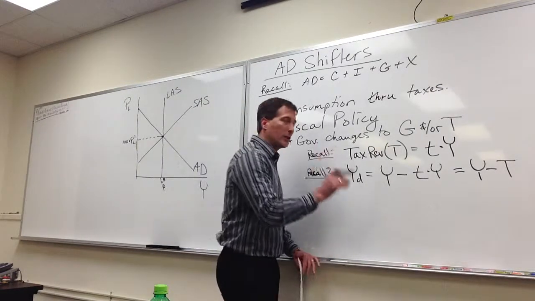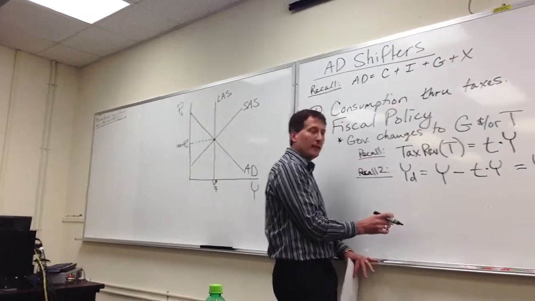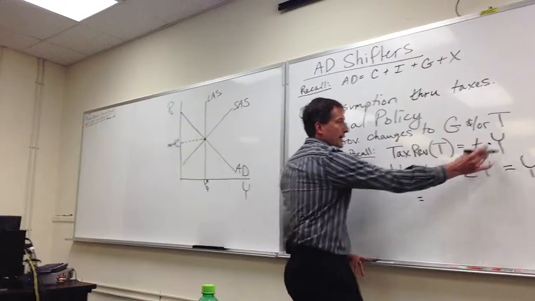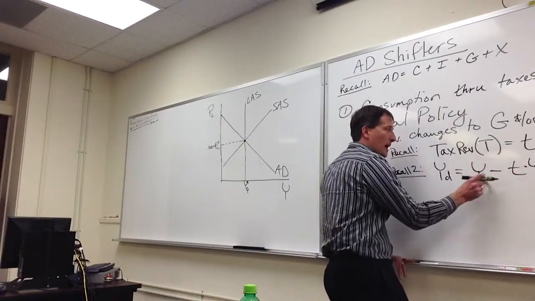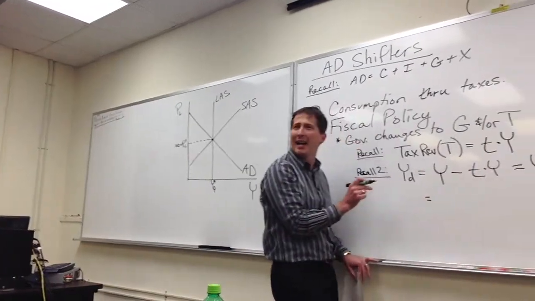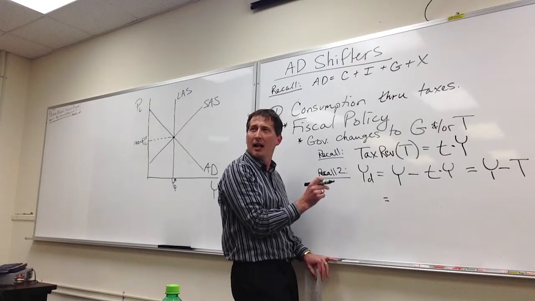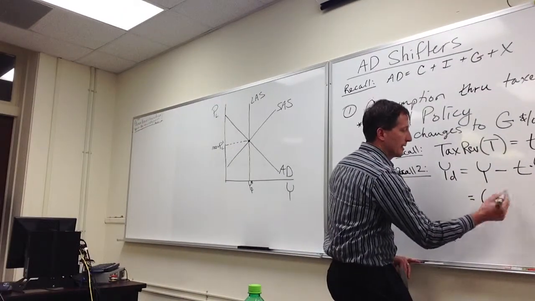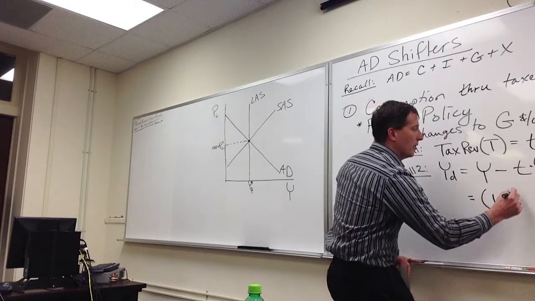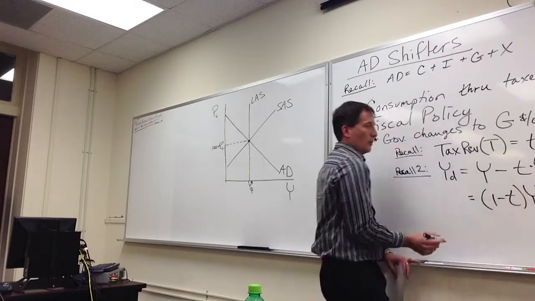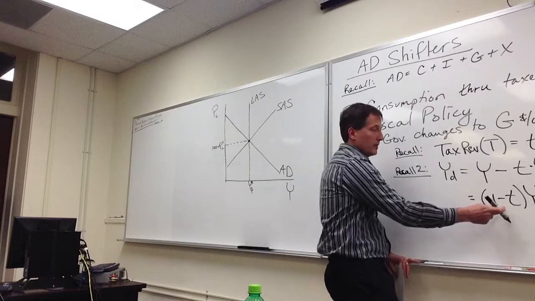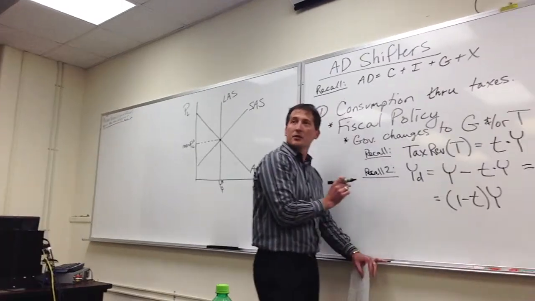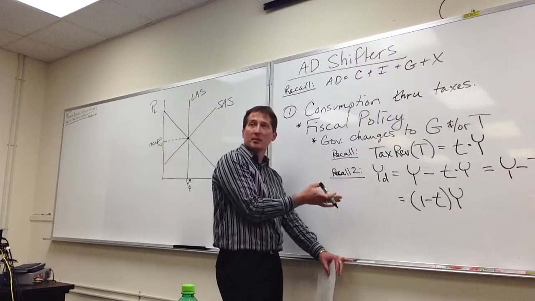I want to sneak in one other little innovation from this formula. Algebra people, what can I do with this when I have a y here minus a ty? Factor out that y, right? So I can re-express this. I'm going to put the y at the end: 1 minus t times y gives me my disposable income too.